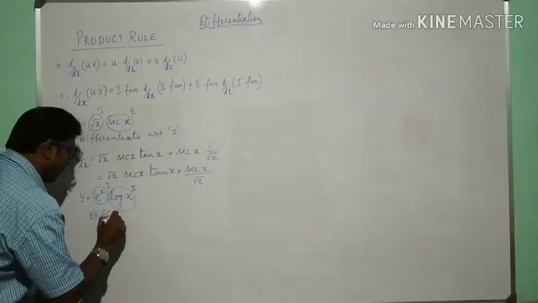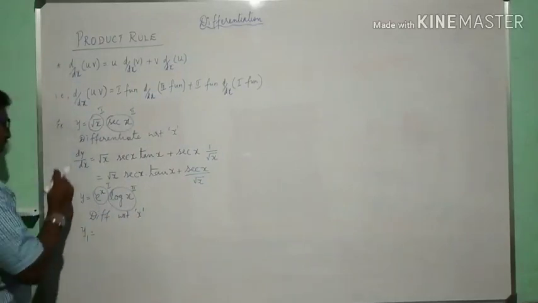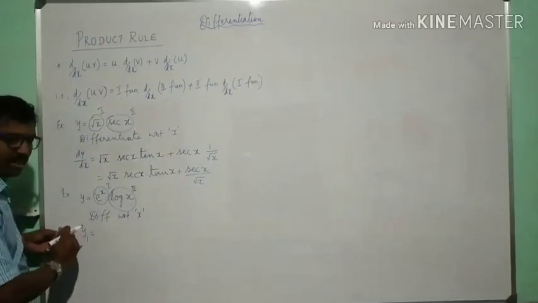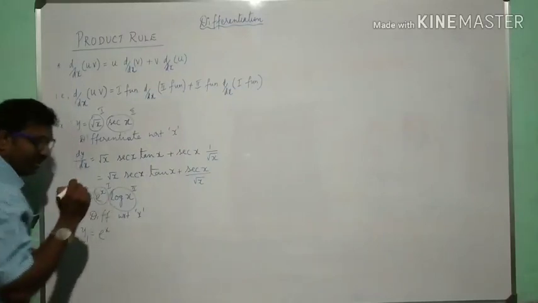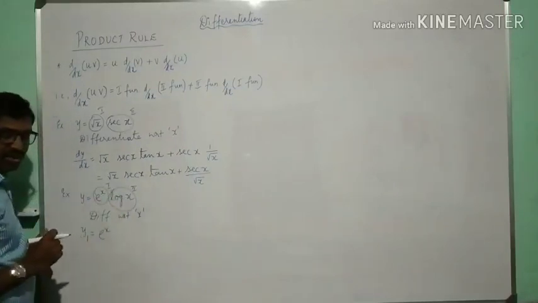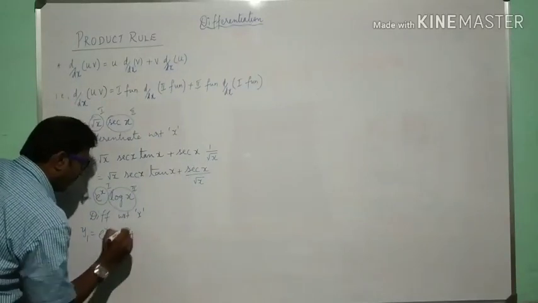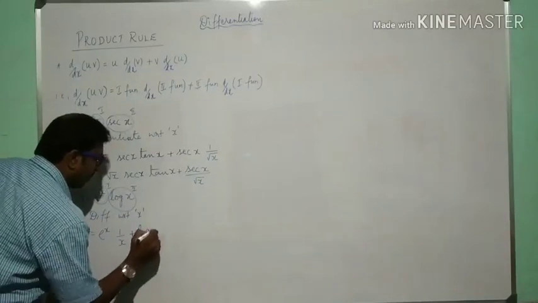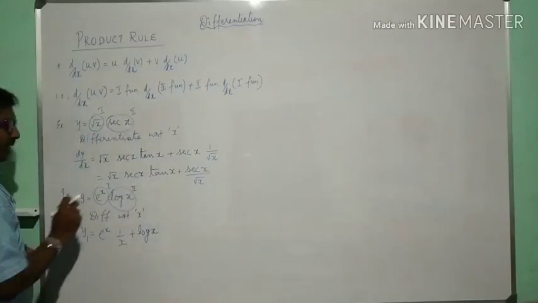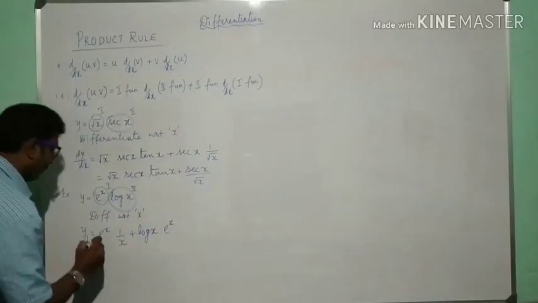So here differentiate with respect to x. y1 we can take as dy by dx, and here in another form y1 is equal to, keep e power x as it is, and now what is the derivative of log x? 1 by x, plus, now the second function take it as it is, and the derivative of e power x is e power x itself.